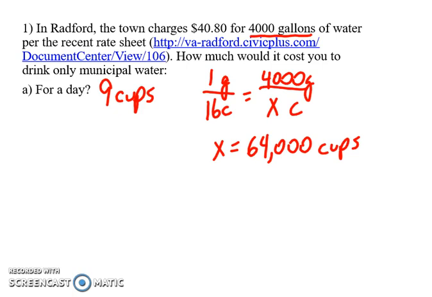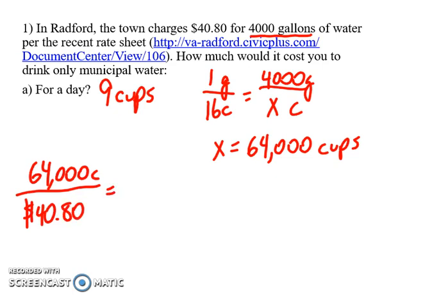Now I can figure out my cost because I can say that 64,000 cups costs $40.80, and I want to know how much 9 cups cost.